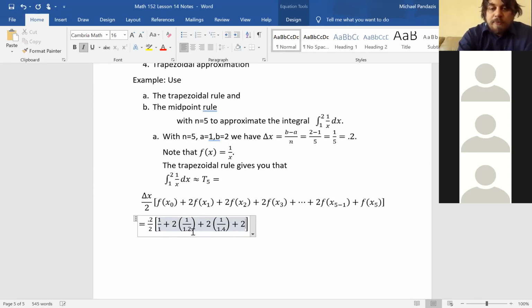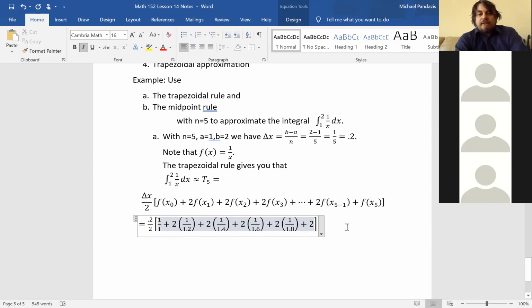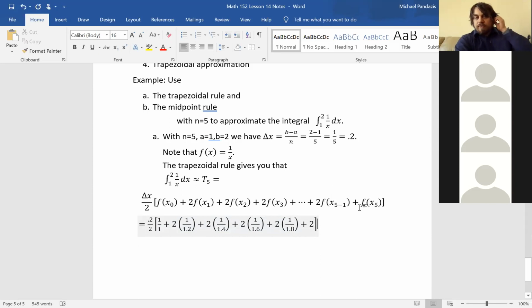Next one is 2 times 1 over 1.6. This is plus 2 times 1 over 1.8. And then plus f of x5. That's the last one, which is just 2. Okay, this is not multiplied by 2. This is 1 times 2. 2 is f of x5. Okay, x naught, x1, x2, x3, x4, and x5.